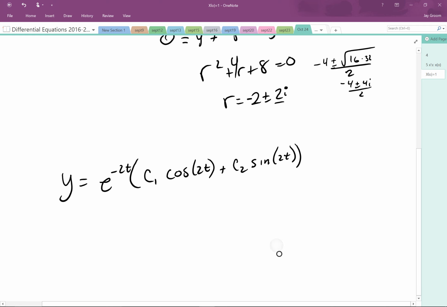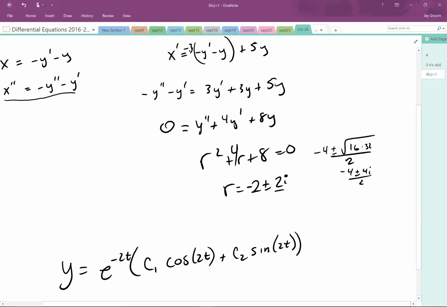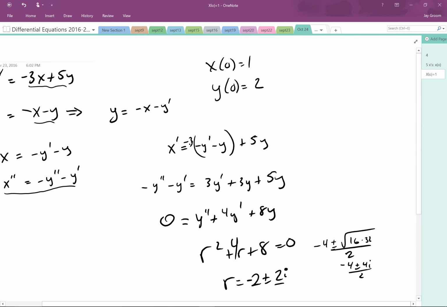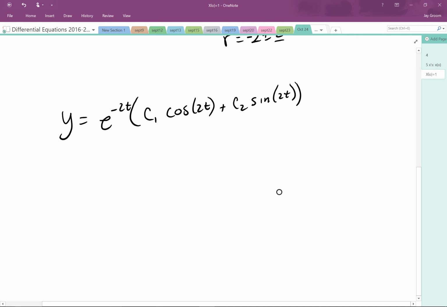Right, well, that's nice. And furthermore, we know that when t is 0, y is 2. So this part would go away, that would go away, and then this would have to be a 2 right here. And that looks pretty good, right?